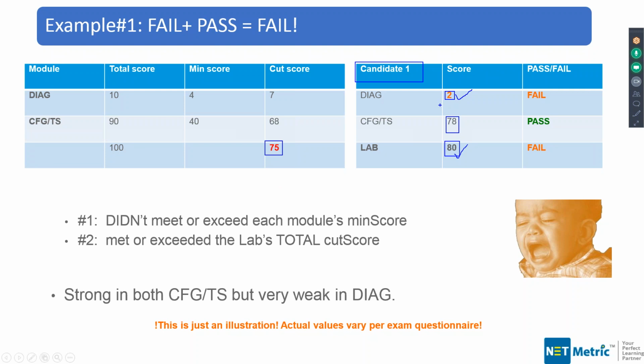He scored only 2, so he failed over here. Fail plus pass is equal to fail. He scored 2 points, he failed there, no matter that he scored 78 in configuration and troubleshooting. 2 plus 78 is 80, he passed with the total cut score, but he failed in one section, that's why he will not clear the CCIE lab.